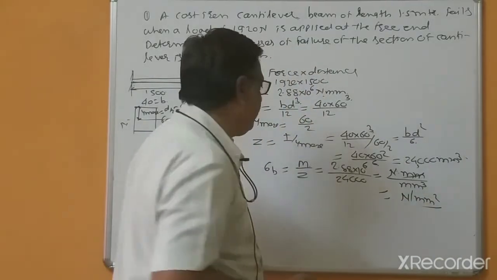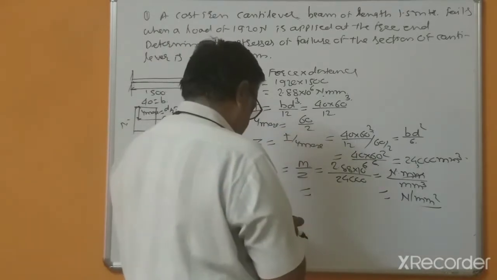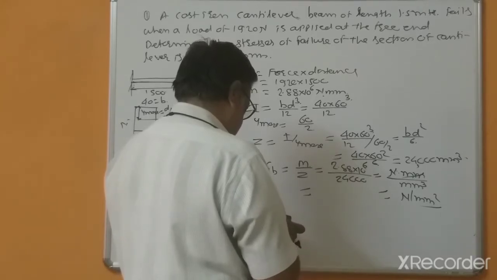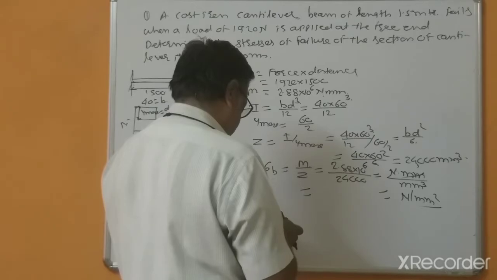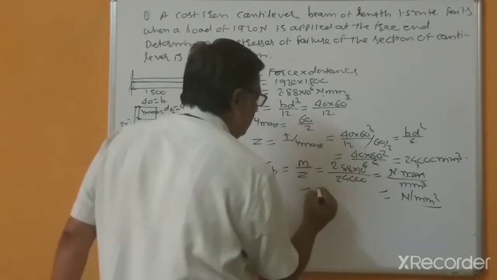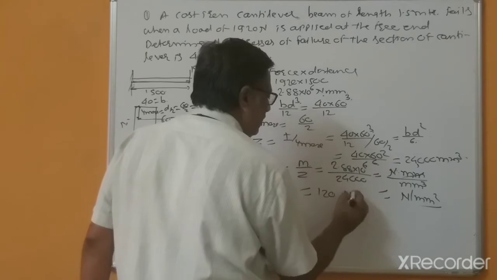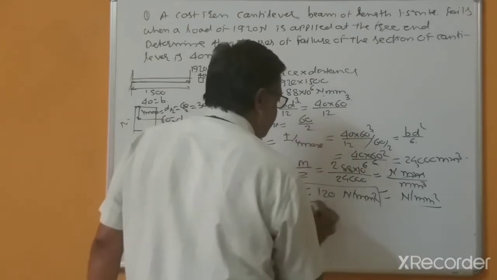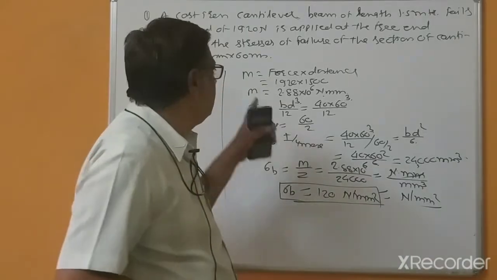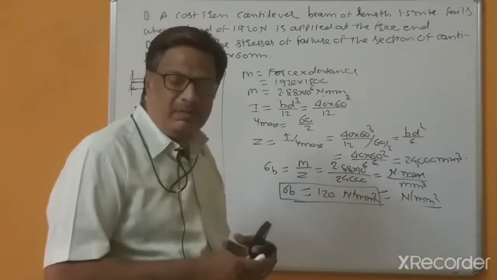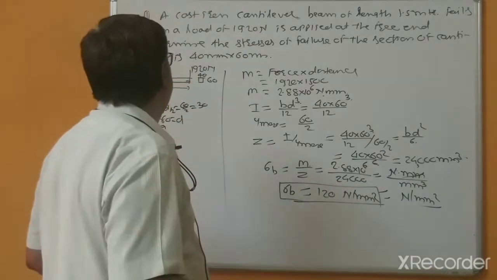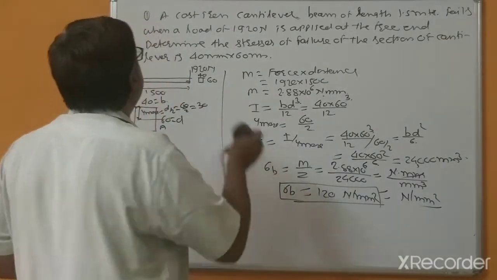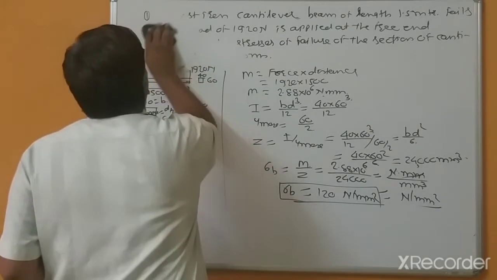This is the unit of bending stress. The answer is 120 Newton per mm squared. So this is your expected answer. For bending stress problems, basic knowledge of the shear force and bending moment diagram is essential, because the case may be a cantilever or a simply supported beam. So this is the first problem.